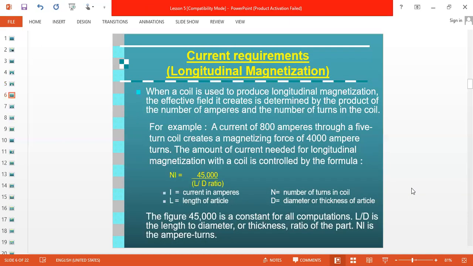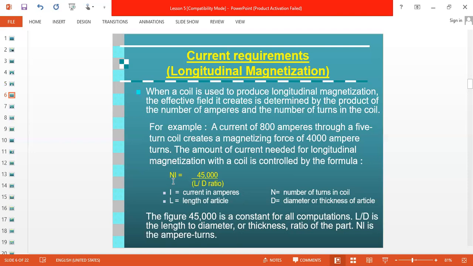The next technique is longitudinal magnetization, meaning the coil technique. In the coil technique there is also a formula based on length and diameter. In the formula, N means the number of turns in the coil, generally 5 turns.